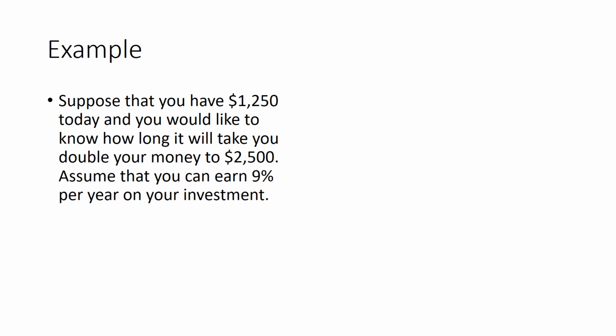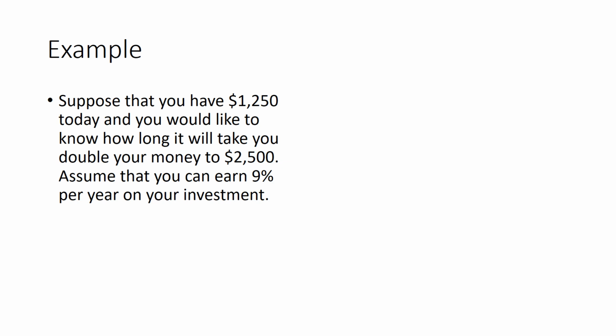So it states we have 9% interest. So we're going to go into the I part, the interest rate. We're going to put 9, and then our present value, again, is what we're putting down. We're putting down 1,250.